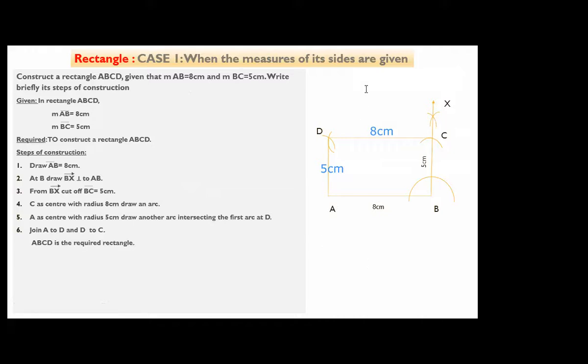Okay, we know that in a rectangle, what are the properties of a rectangle? How many properties of a rectangle are there? Can anybody tell me how many properties of a rectangle? Raise your hand and give me the answer. Quickly, how many properties of rectangles have we discussed in this chapter?